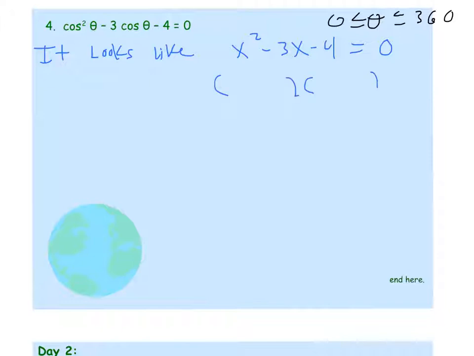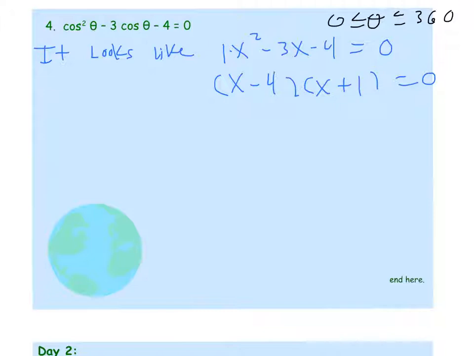Right now, I'm just pretending the cosine piece isn't there and thinking about factoring x squared minus 3x minus 4. Lead coefficient is 1, so I'm just looking for two factors of negative 4 that add up to negative 3. And negative 4 and positive 1 will do the trick.